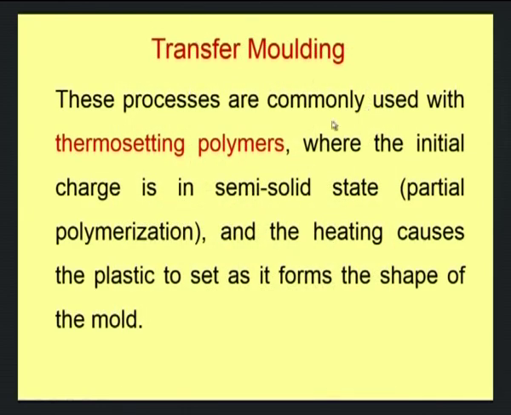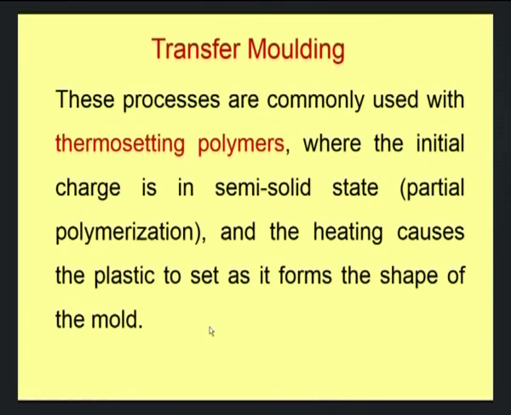Now, these processes are commonly used with thermosetting polymers, like compression molding. Here the initial material could be in the form of a semi-solid state, which is partial polymerization, what we call a pre-polymer, and the heating causes the plastic to set as it forms the shape of the mold. Normally in the transfer molding process, instead of a monomer or a polymer, a pre-polymer is taken.